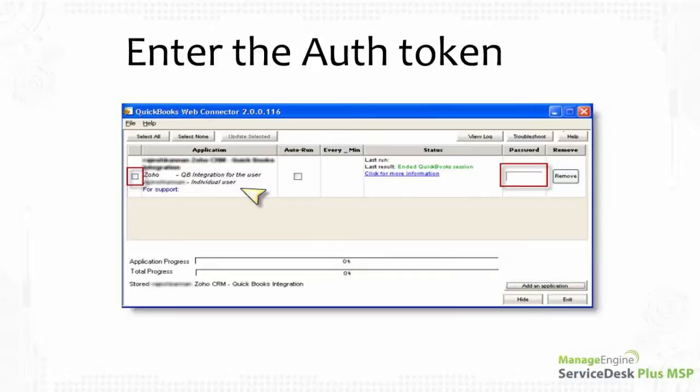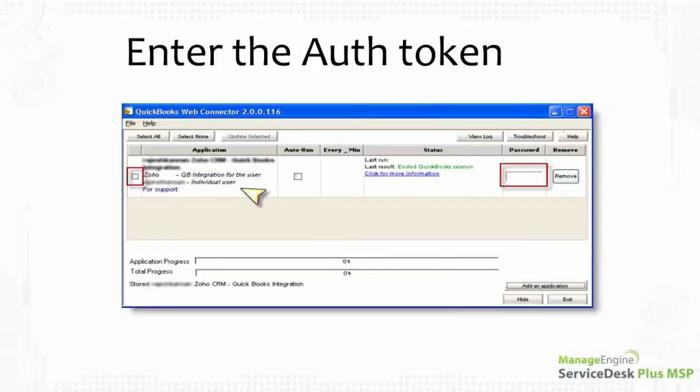Okay, so this is the place where you will have to initiate the synchronization. First, you have to select, on the left side, that particular installation which you want to synchronize.